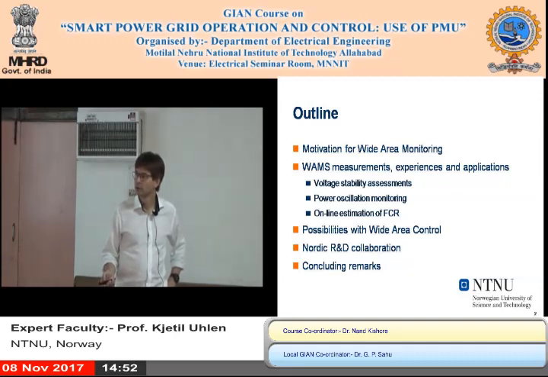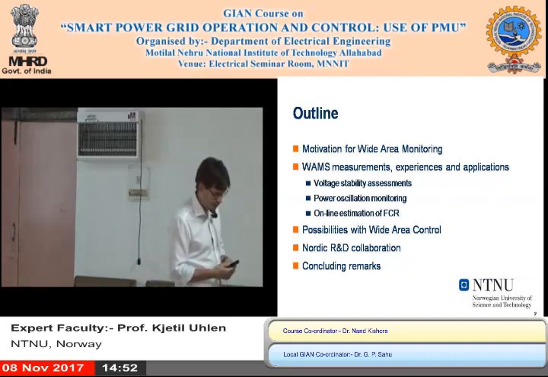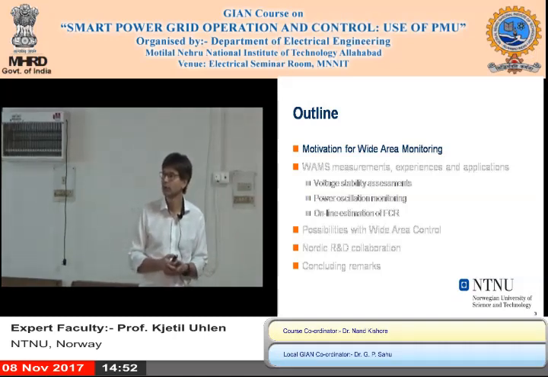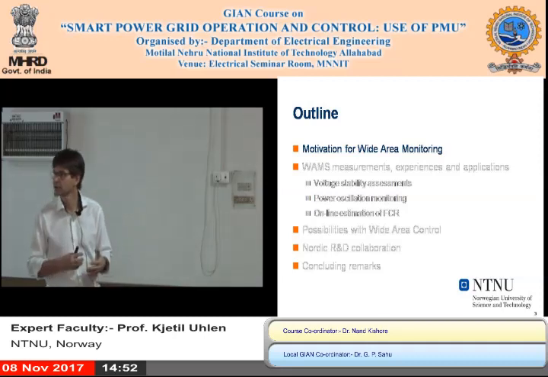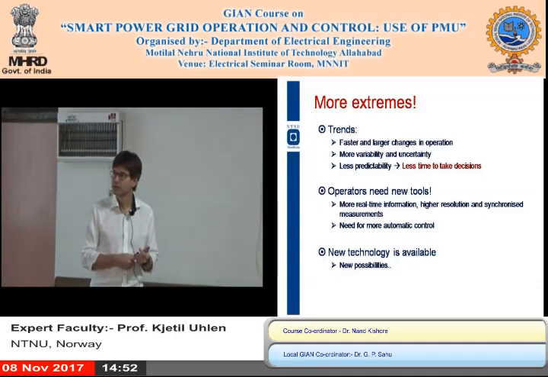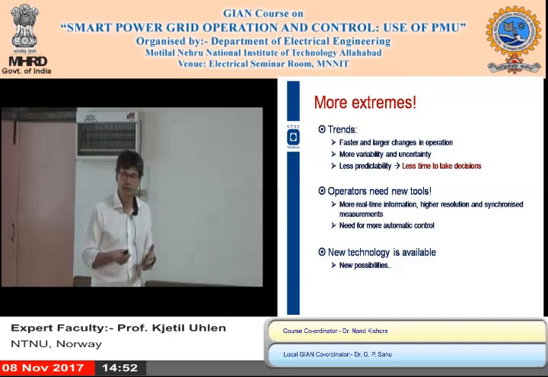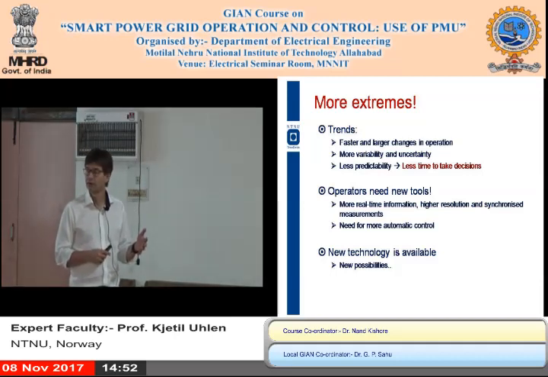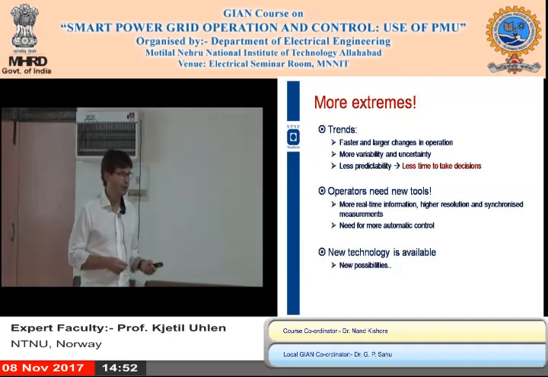So again, a little bit on motivations. Again, what we are facing, the trends that I talked about also on Monday, is faster and larger changes in the operation of the power system. We see more variability and more uncertainty. These are two different things. The variability may very well be predictable.